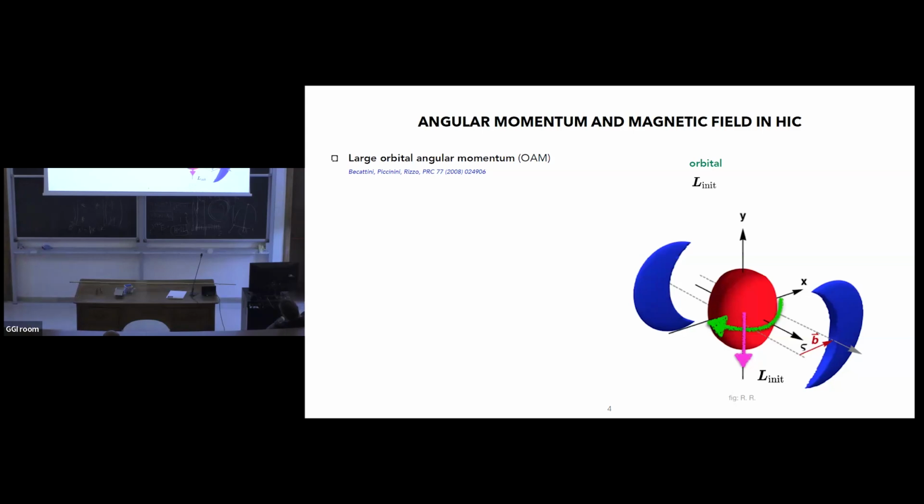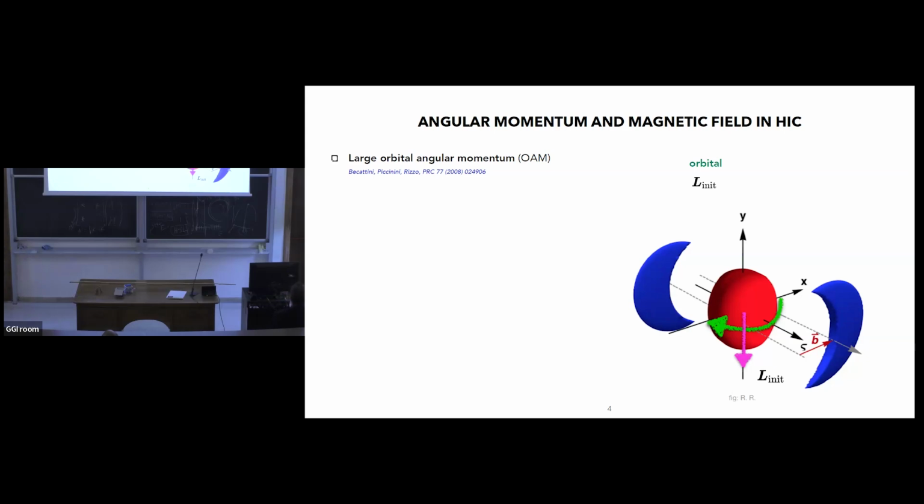Recently it was found that one of such new switches, which probably will allow us to study the matter much better, is the orbital angular momentum, which is initially pumped into the system when we collide heavy ions non-centrally.